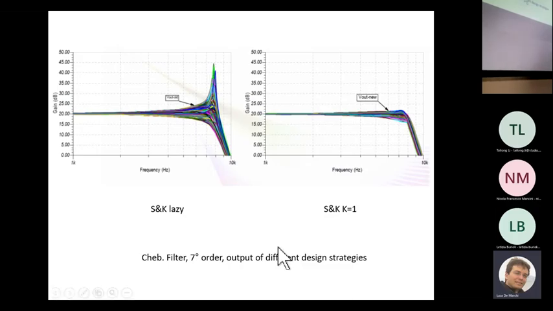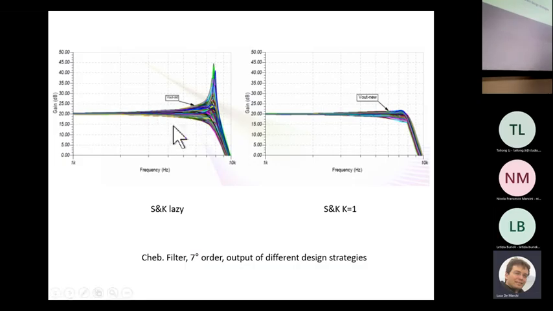If you run a Monte Carlo simulation by randomly changing the nominal value of resistors and capacitors, taking into account even small variations, just 1% for resistors and 5% for capacitors, this is what you get with the first design strategy. This is the practical simulation of the circuit that we have sketched on the whiteboard.